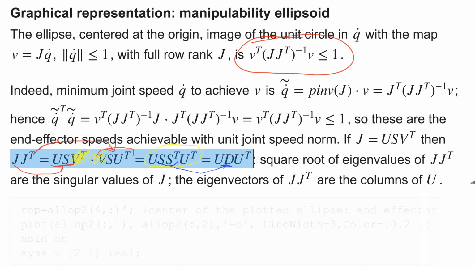So this U transposed is the diagonalization of the positive definite matrix defining the manipulability ellipsoid.